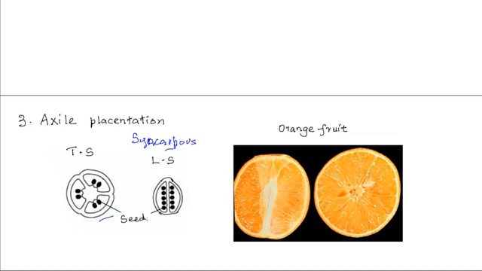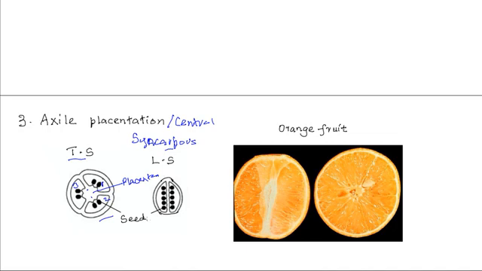So here you have the first carpel, the second, in this particular case, the third. They are fused, and the placentae are thus located at the center. So it is central. And for that reason, axial placentation is also sometimes referred to as central placentation, because the placenta is located at the center, especially when viewed in a transverse section.